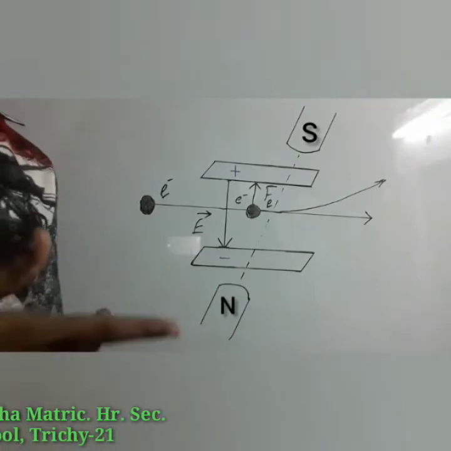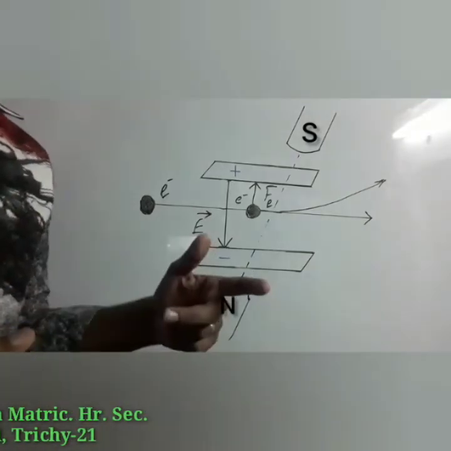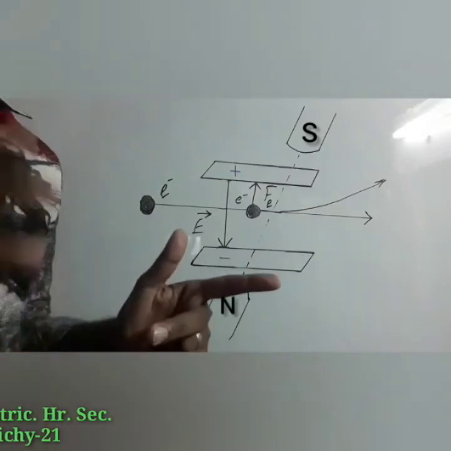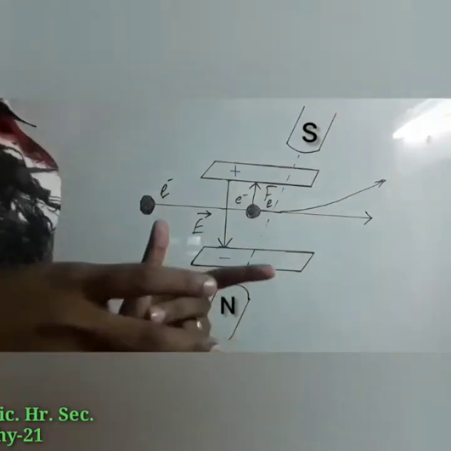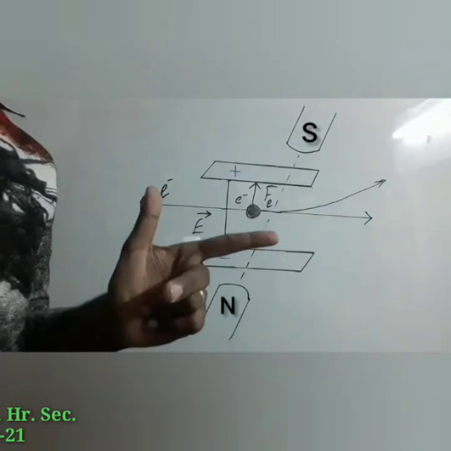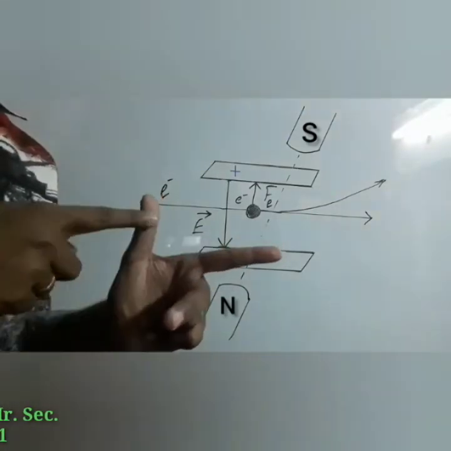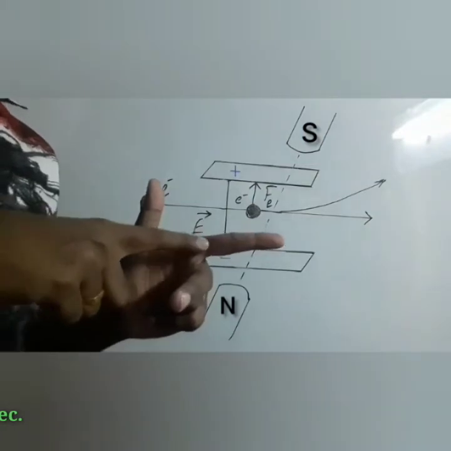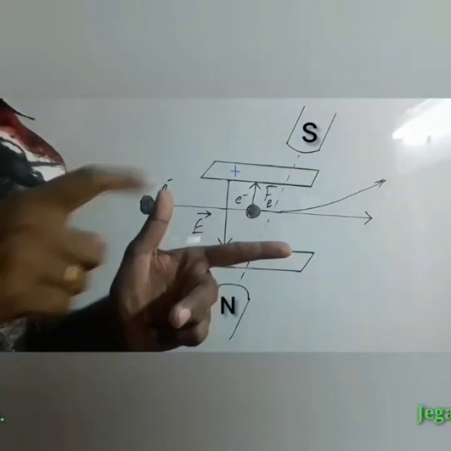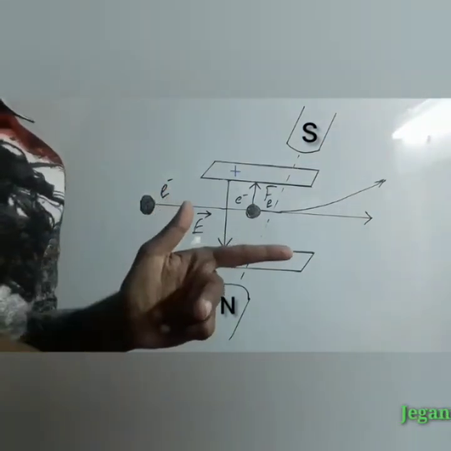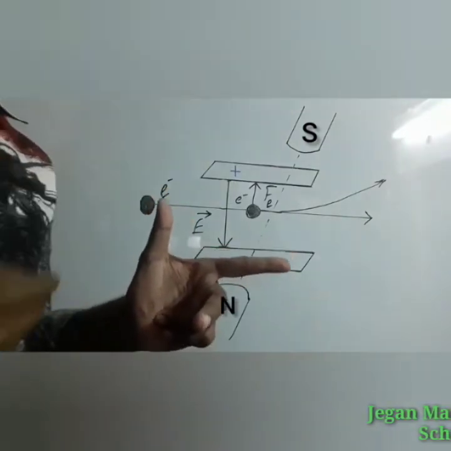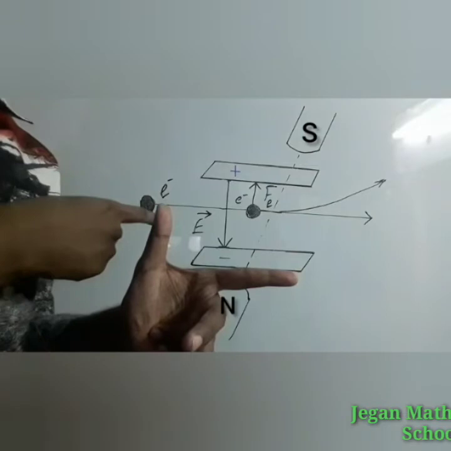Fleming's right hand rule is used to find the direction of current, while Fleming's left hand rule is used to find the direction of force on the conductor. What is the statement of Fleming's left hand rule? Three fingers of the left hand must be mutually perpendicular to each other. The forefinger shows the direction of the magnetic field, the middle finger shows the direction of current, and the thumb shows the direction of force. Here we have to find the direction of the magnetic force.